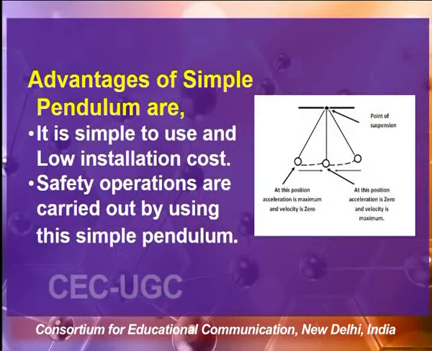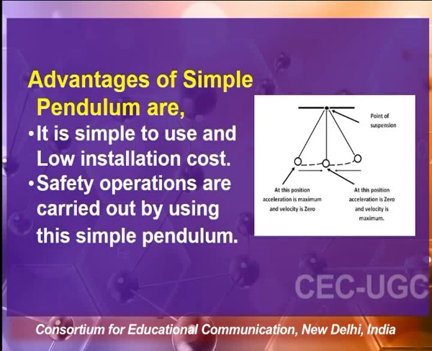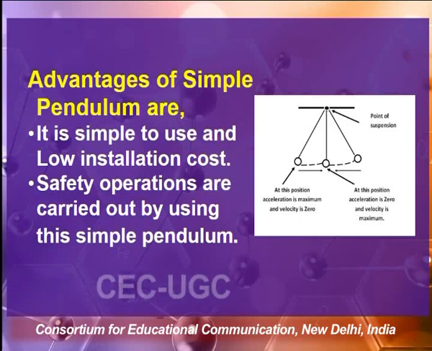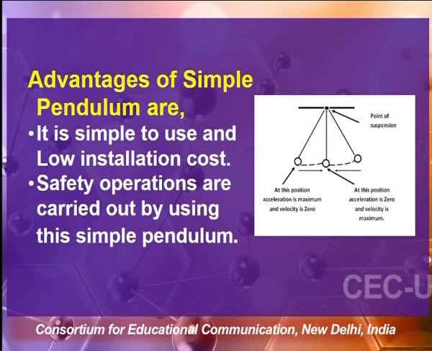Now, what are the advantages of a simple pendulum? First, it is simple to use and is a low cost installation. That's why we use the simple pendulum. We can find the value of small g using the simple pendulum. Second, safe operations are carried out using this simple pendulum.